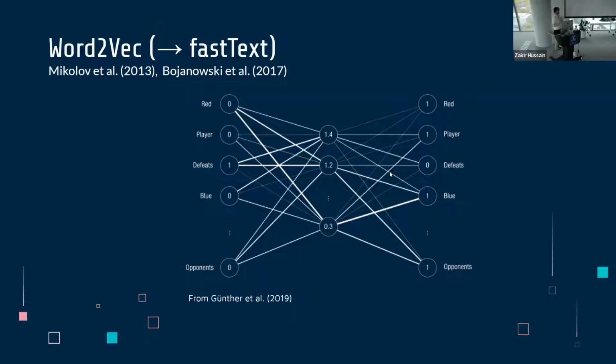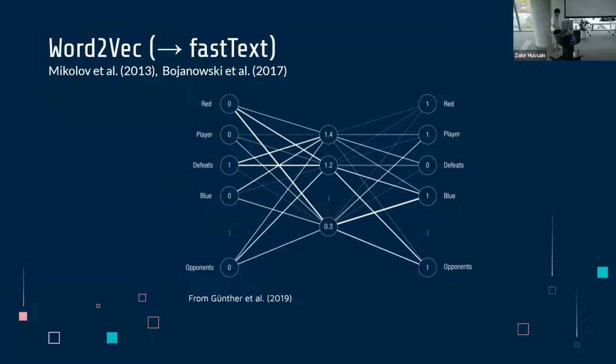And the number of dimensions that you obtain from that will be determined by the number of hidden units that you chose for your network. And the advantage of this is that it learns very incrementally. And so it's been possible to train this on huge data sets of like hundreds of billions of words.